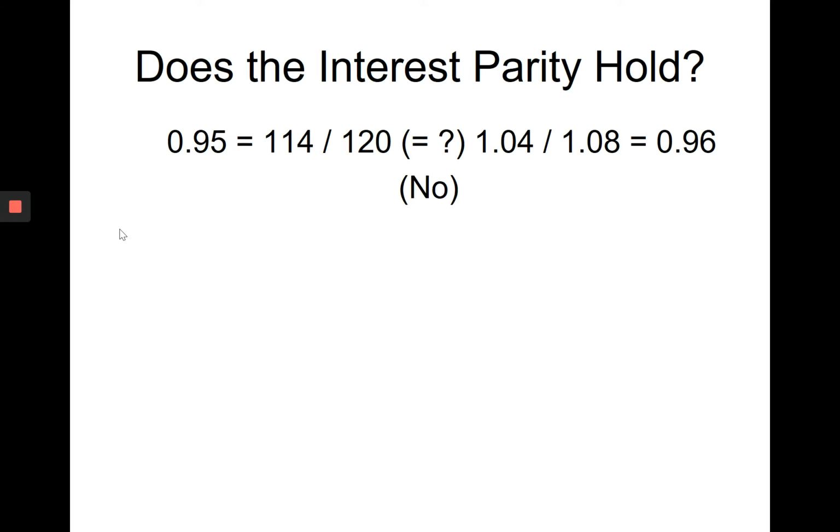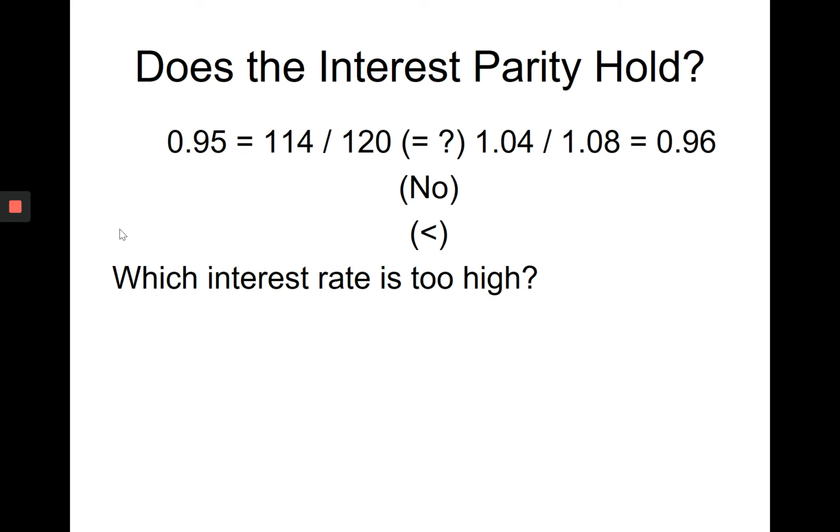So the answer is the parity doesn't hold because the two sides are not equal. 0.96 is greater than 0.95. Remember that we were doing arbitrage.